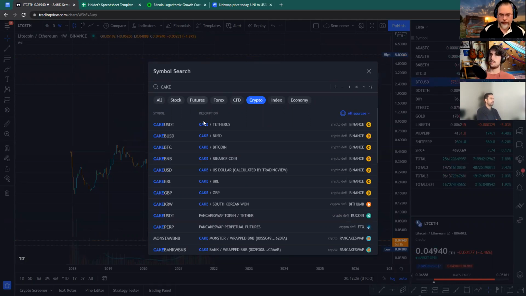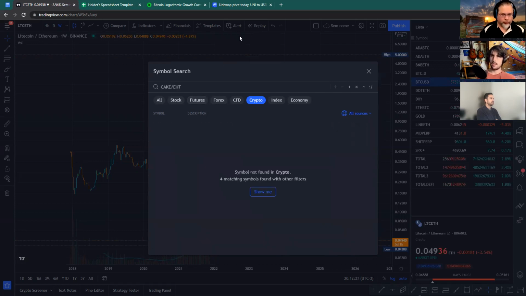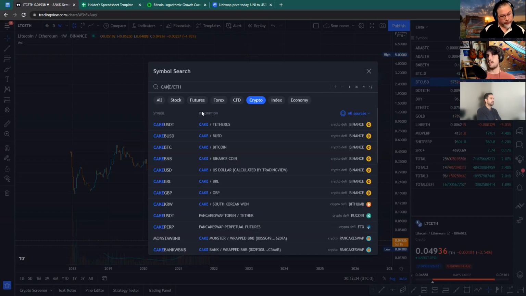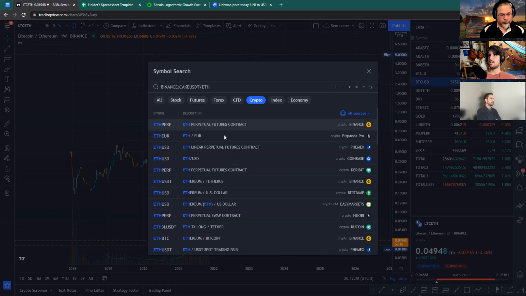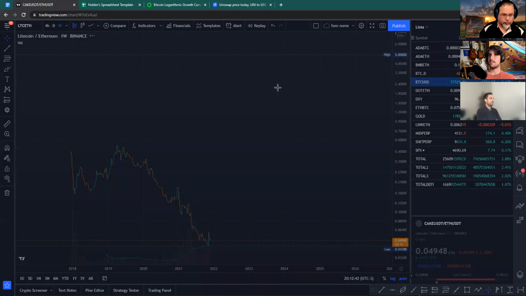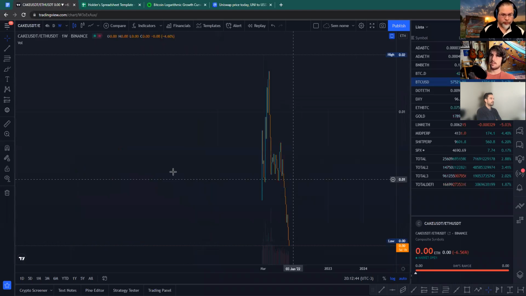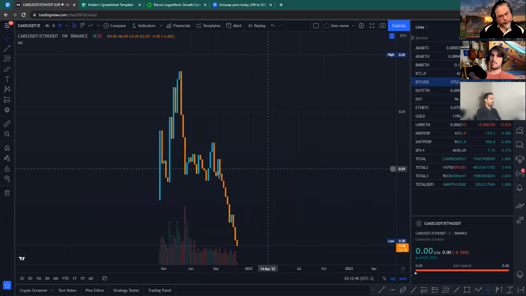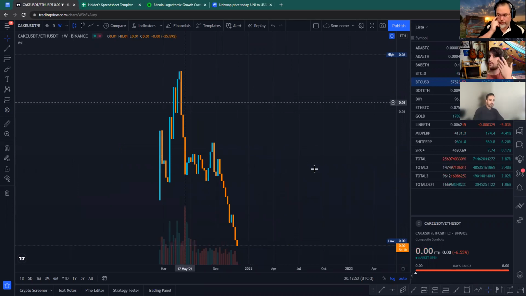So you would type, for example, Cake divided by ETH, and then go to Cake to USDT and Ethereum USDT. Cake has a very small history, but as you can see, it also bleeds against Ethereum, and that's up to you to evaluate.